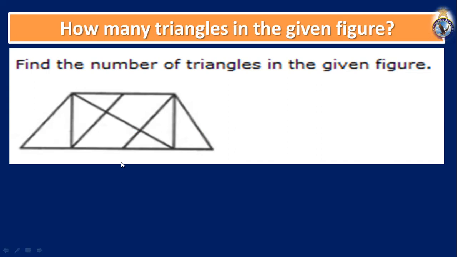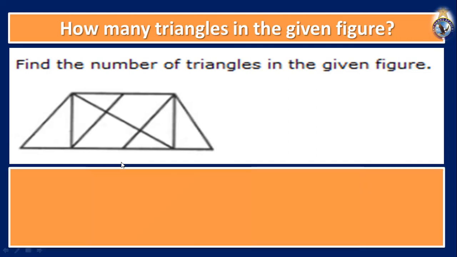Your answer is 8. Have you counted all the triangles? Yes. Okay, let's see the options. The first option is 8. The second option is 10. The third option is 12. And the last one is 14 triangles.